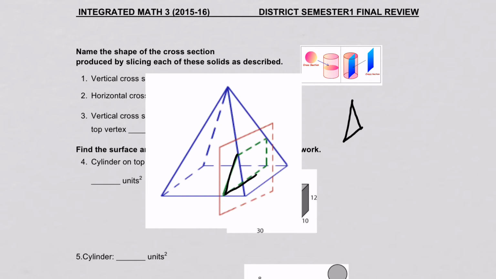Once you cut through this with a plane and you do not pass through the top vertex, the bottom side of your shape will be longer than the top side. The sides will be exactly the same size since the plane you're cutting with is vertical. So what would we call this kind of shape? It's called a trapezoid. So the answer to number three would be a trapezoid.